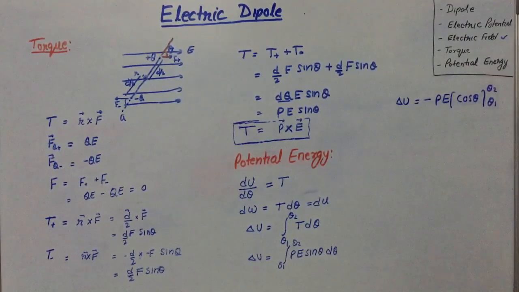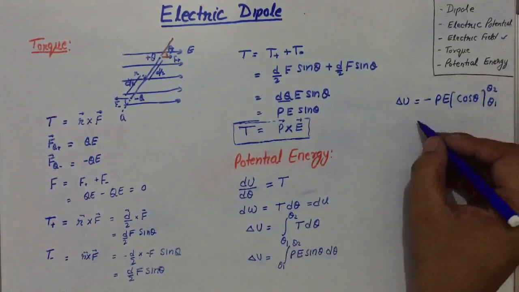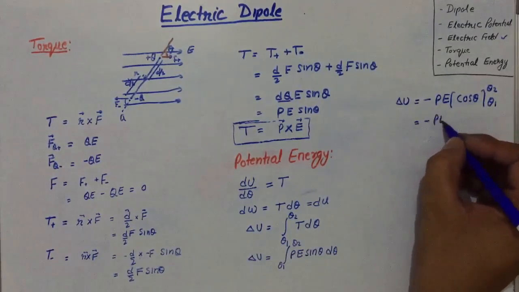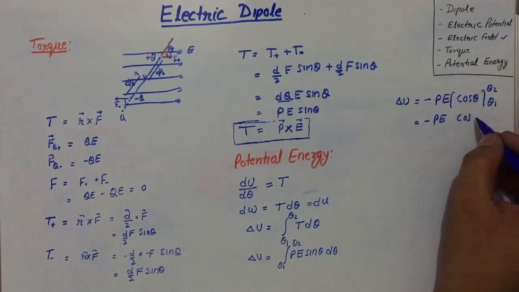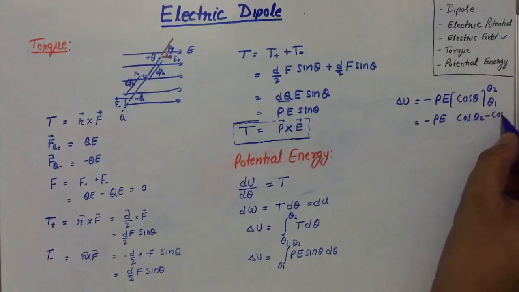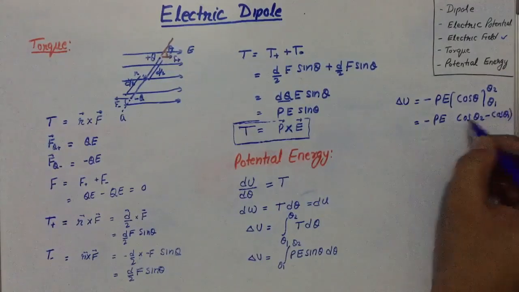We can write like that, because the integration of sine will be minus cos, and the minus came outside. Now we put this in. Now it will be PE cos theta 2 minus cos theta 1.